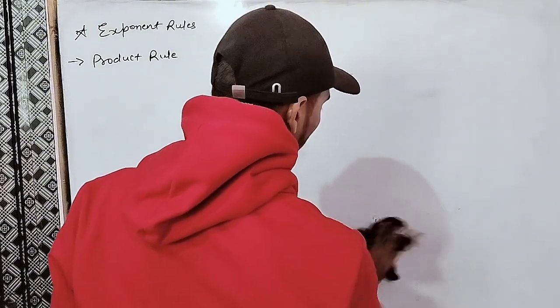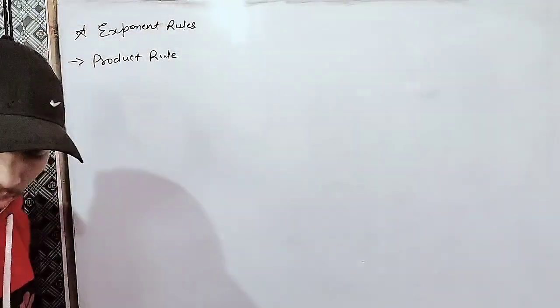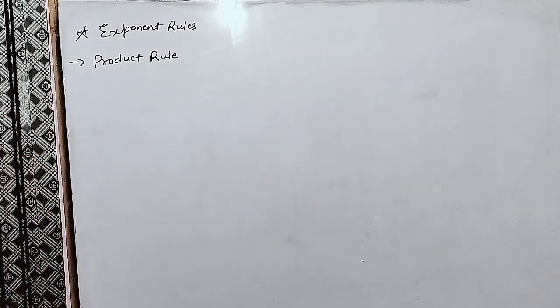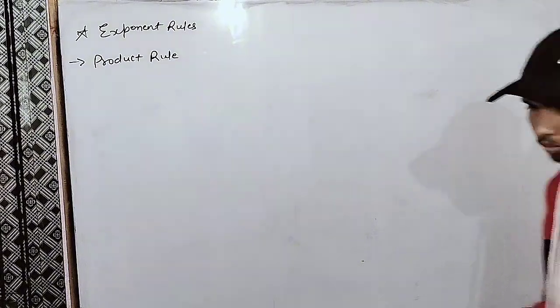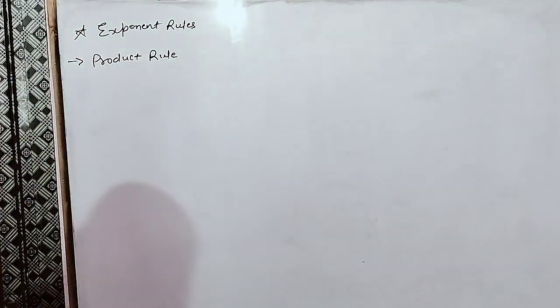Now we are moving to the product rule. Product rule, which means multiple rule, but it is better to say product rule, whereas if you are discussing it, we can use multiple rule.